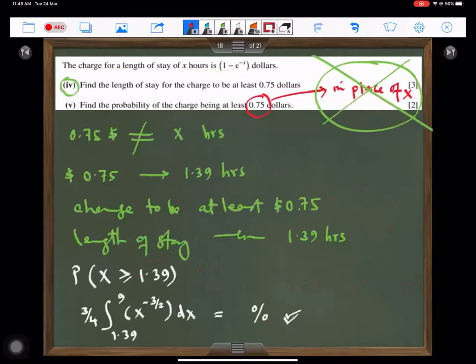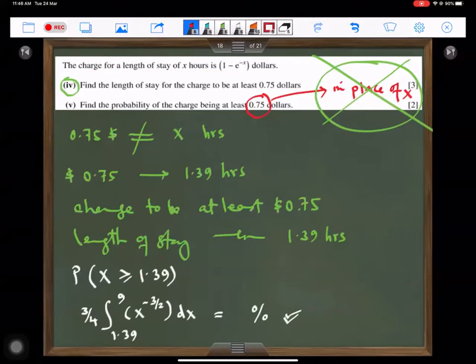Then it says, find the probability of the charge being at least 0.75. Who will give you the probability? The PDF, probability density function. $0.75 cannot be substituted in the original one because 0.75 is in dollars, x is in hours. But we know from the fourth part that $0.75 is equivalent to 1.39 hours.